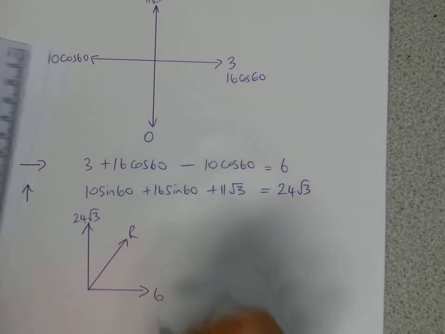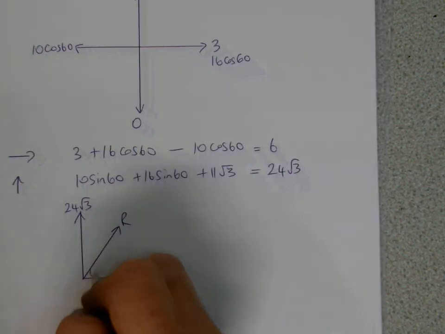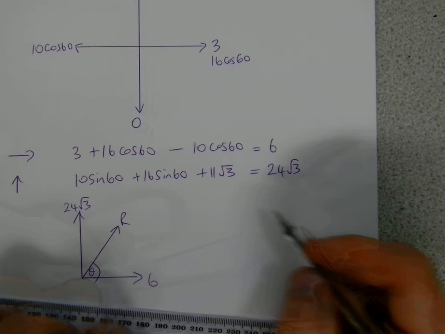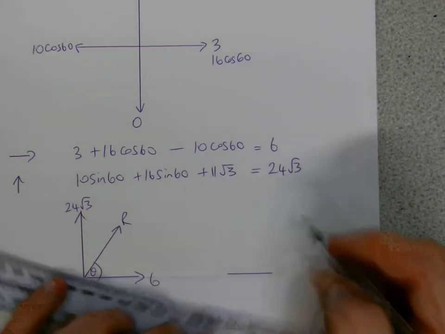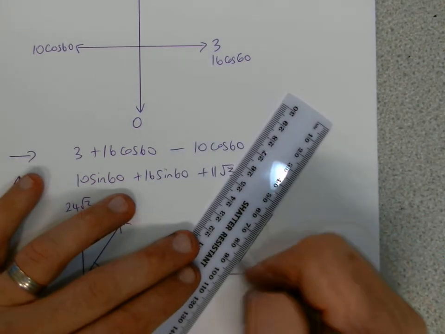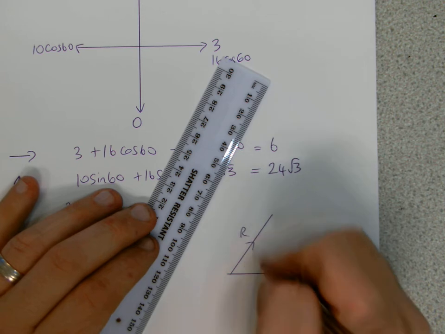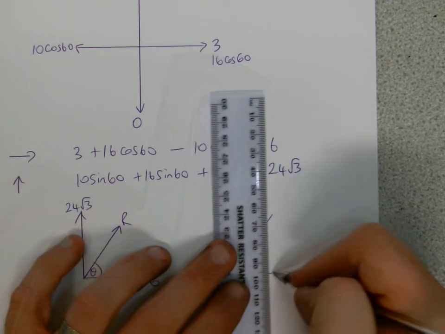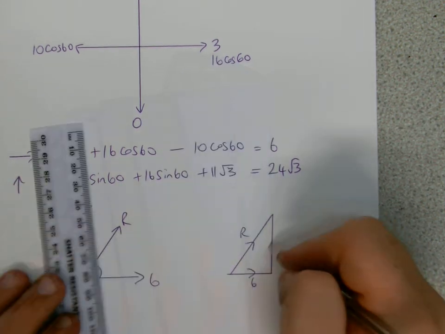Resultant force then will be something like that, and we'll have the angle. And of course, if you want to look at it better, you appreciate that resultant force is made up of 6 going this way and 24 root 3 going perpendicular to it.